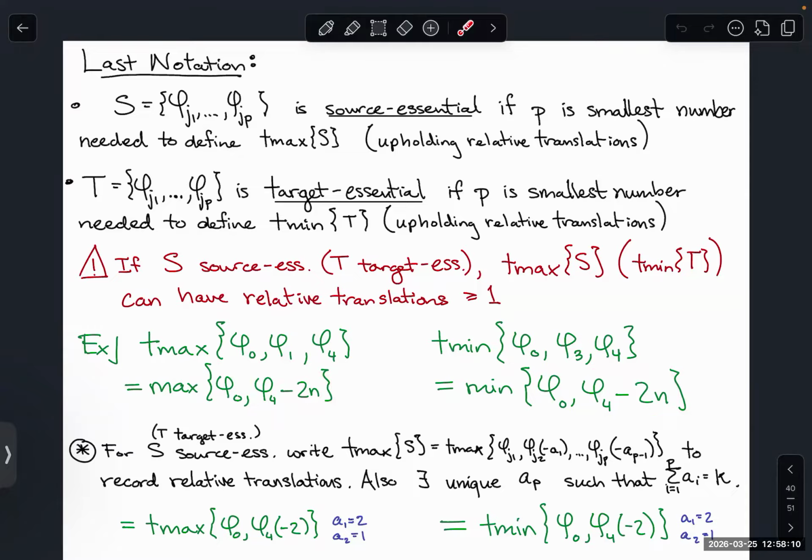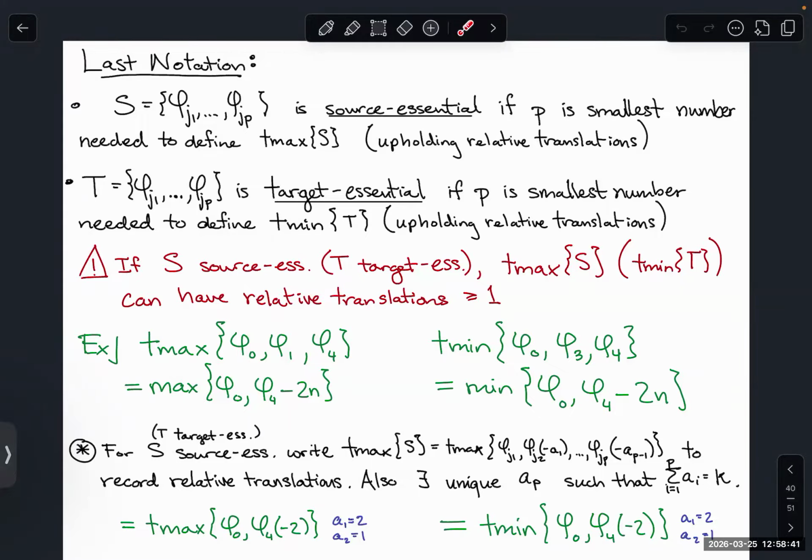In these examples this is definitely swept under the rug, but in a Tmax we can combine consecutively indexed height functions to their least index fundamental height function. And the same in Tmins, we can combine consecutively indexed fundamental height functions to their greatest index height function, and uphold their relative translations in this way.